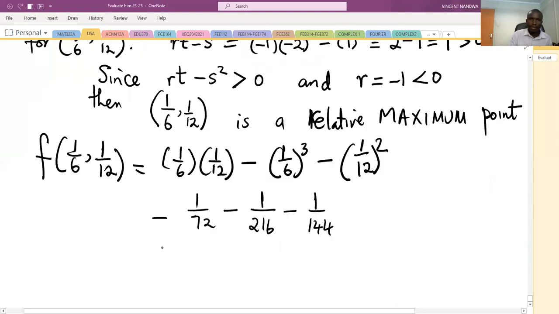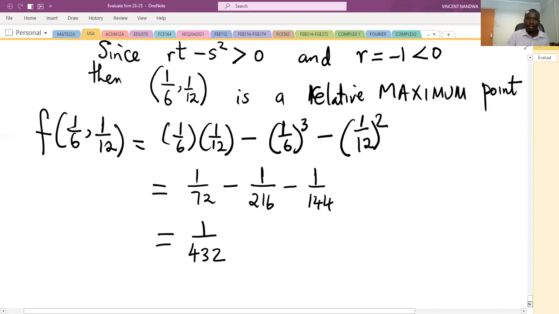So this will give us 1/72 minus 1/216 minus 1/144. So 1/432. So this is the maximum value of the function.